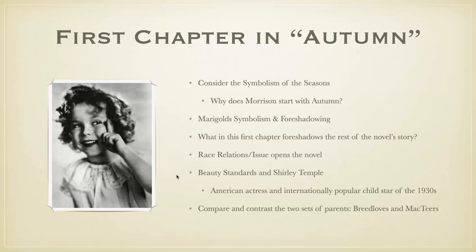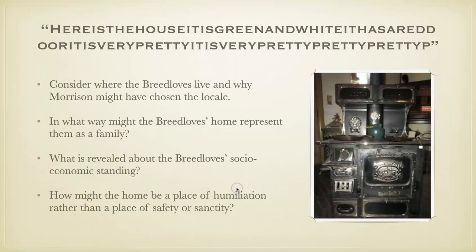And then I want you to compare and contrast the parents. We've got these two sets of parents with these different daughters, and throughout the novel, we certainly have Morrison setting up the Breedloves and the MacTeers as parents that are almost foils for one another, right?